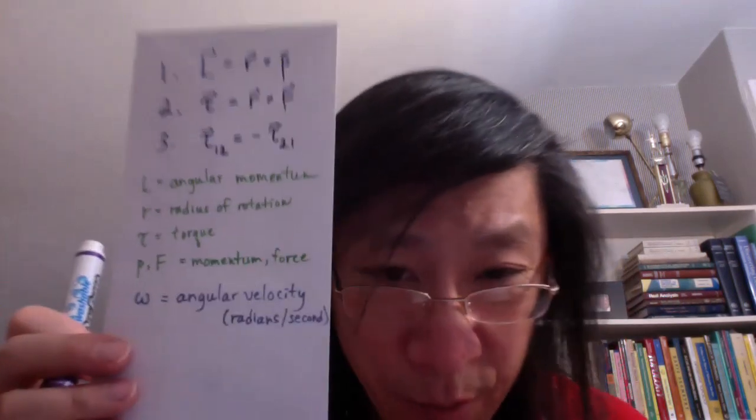Remember that 2 pi radians is how much angle there is in a whole circle, and 360 degrees is also how much angle there is in the whole circle. So 2 pi radians is 360 degrees. That means that pi radians is 180 degrees, pi over 2 radians is 90 degrees, and so on. All those pi things and the way that they go are very useful. So we count angular velocity in radians per second.